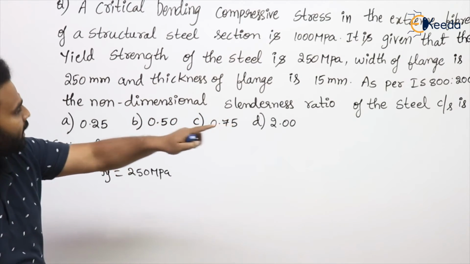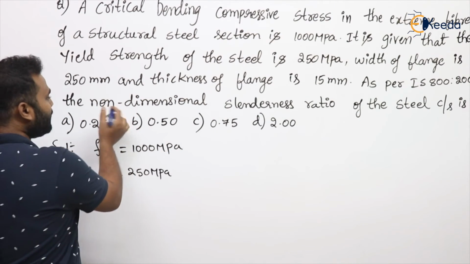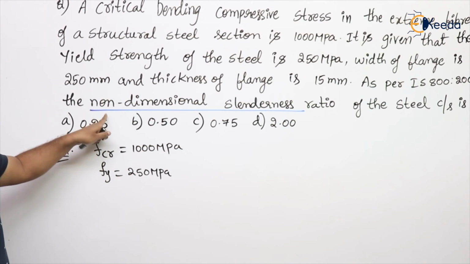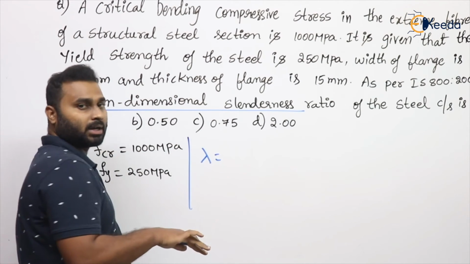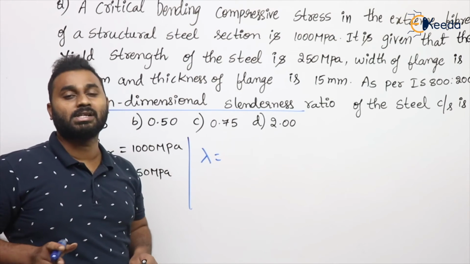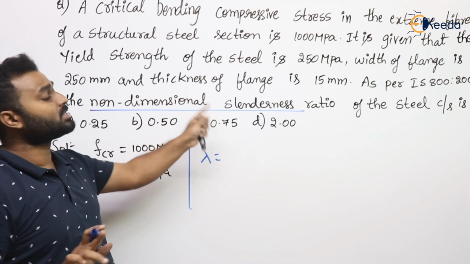Now, as per IS 800 2007, for the non-dimensional slenderness ratio, there exists a formula for this parameter in the code. The non-dimensional slenderness ratio we represent with lambda. Usually in strength of materials, we use lambda for representing slenderness ratio, but in design of steel structures, the code uses lambda for representing the non-dimensional slenderness ratio.